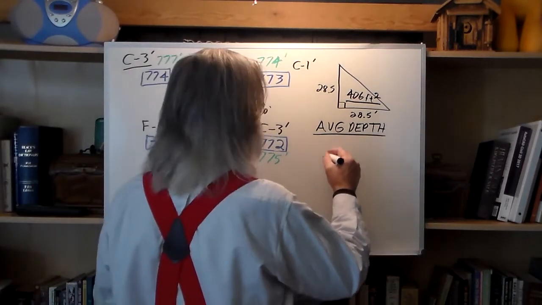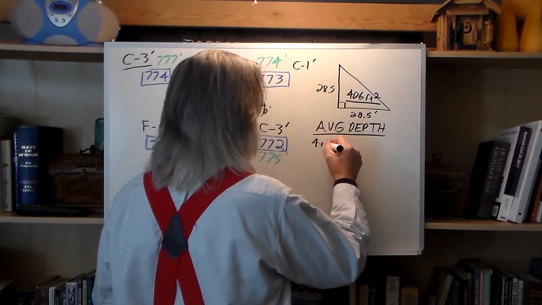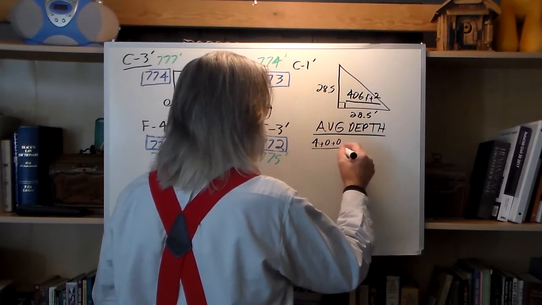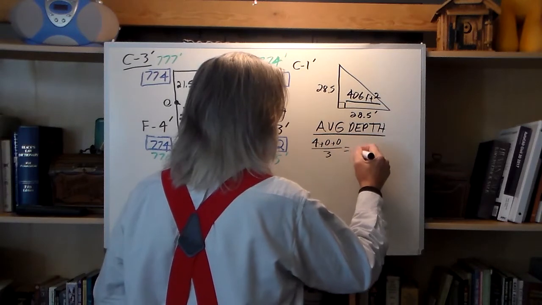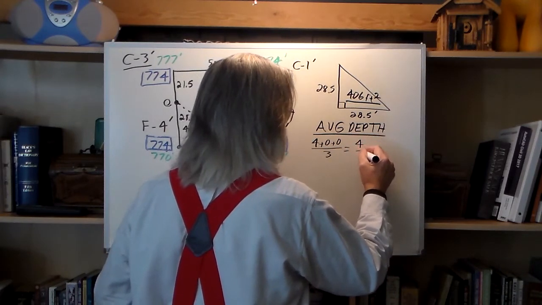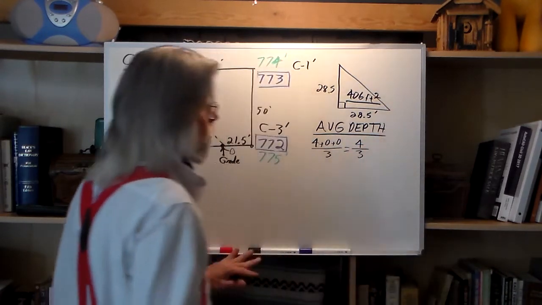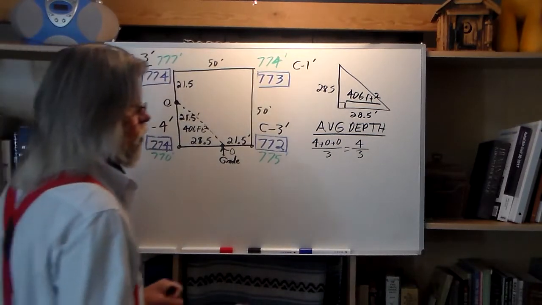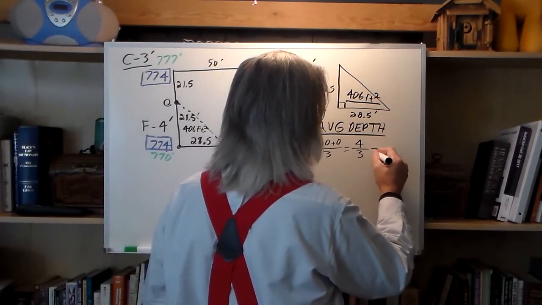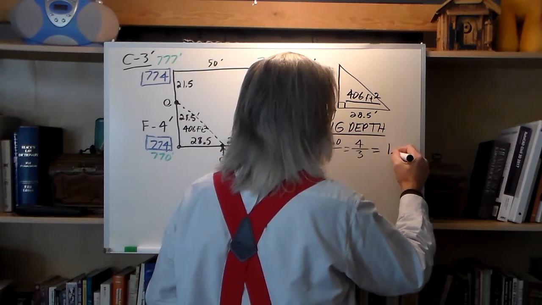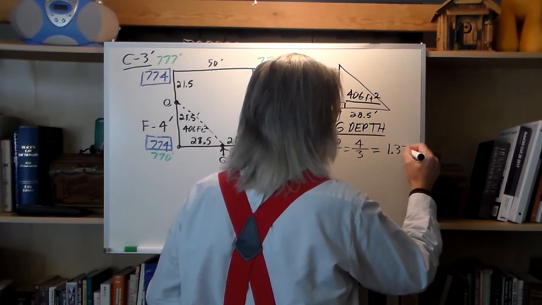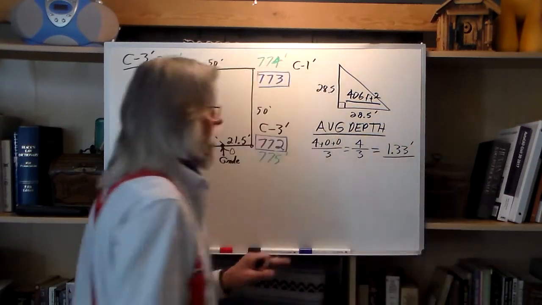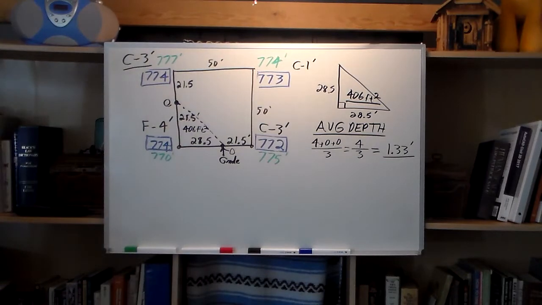So our average depth is 4 plus 0 plus 0 divided by 3, which is the same thing as 4 over 3, which is the same thing as 1.33. We'll just say 1.33 feet. That is our average depth.